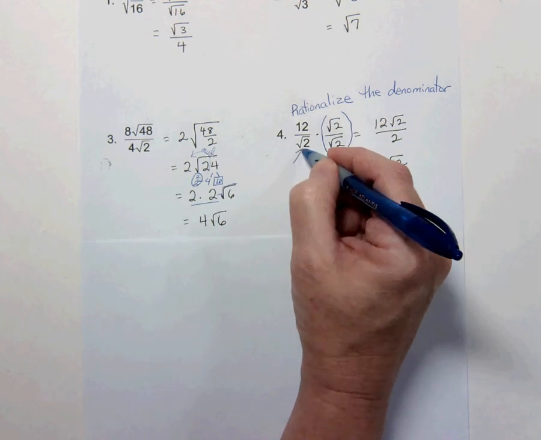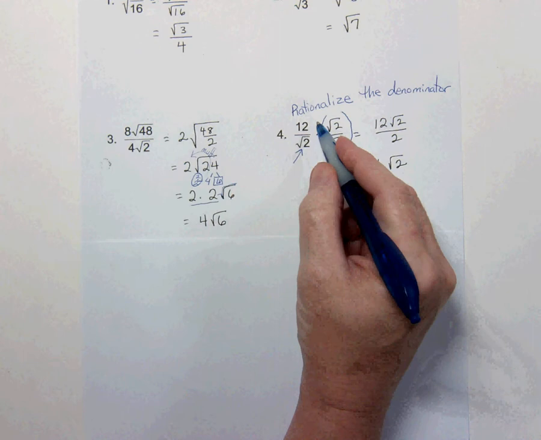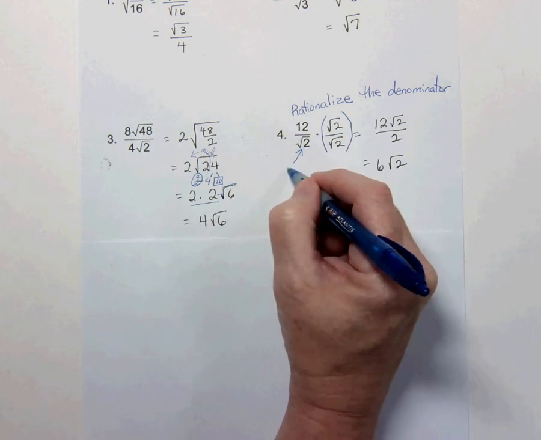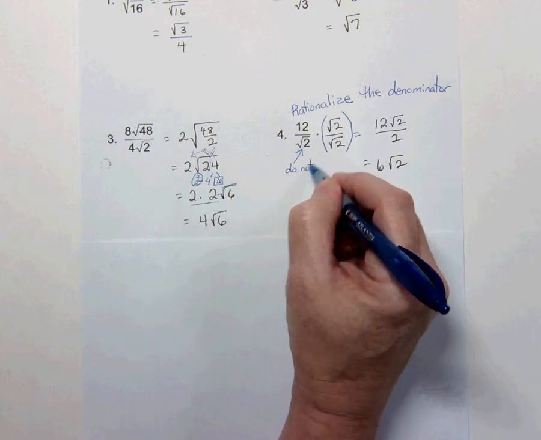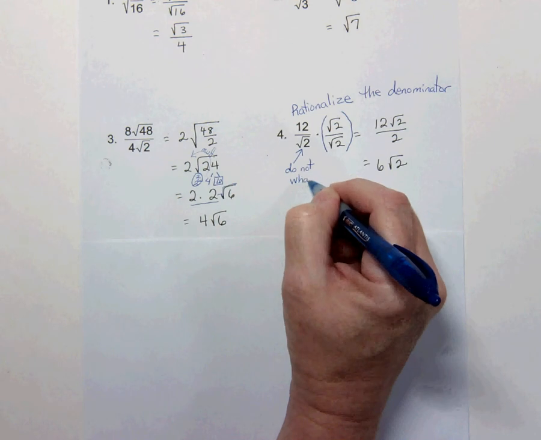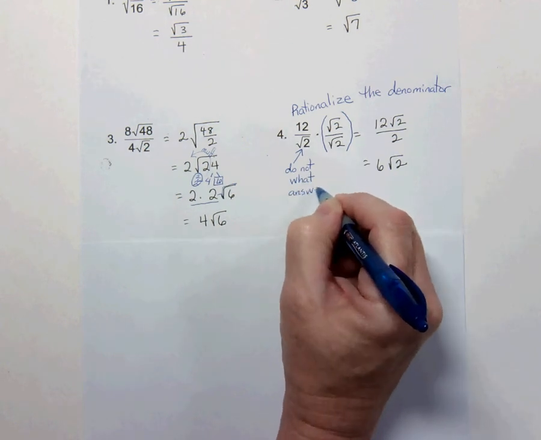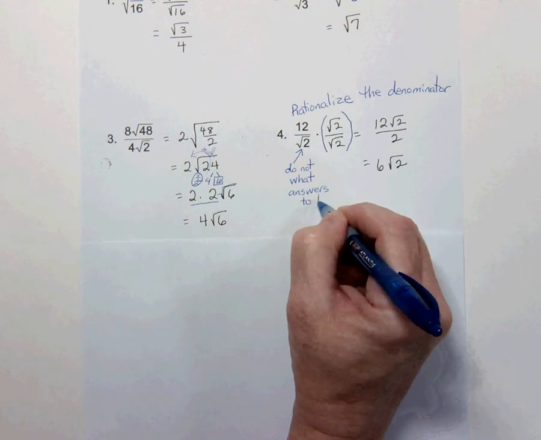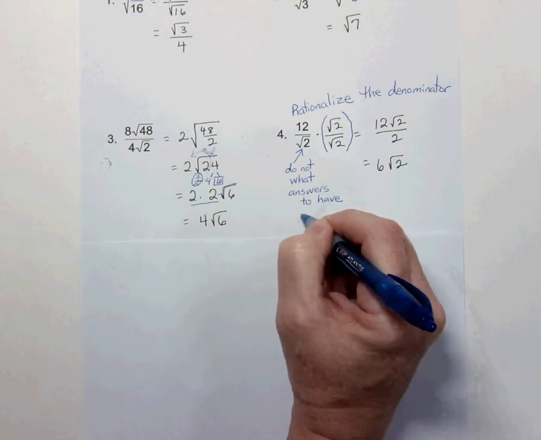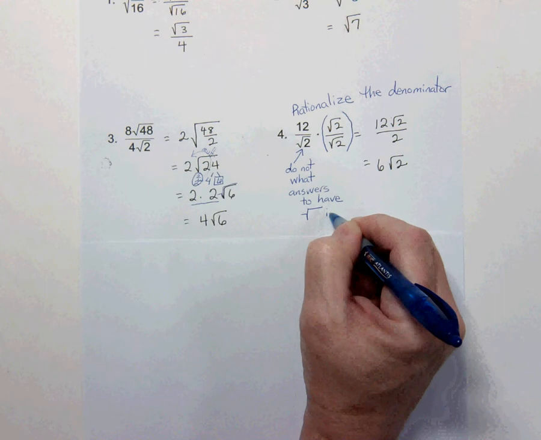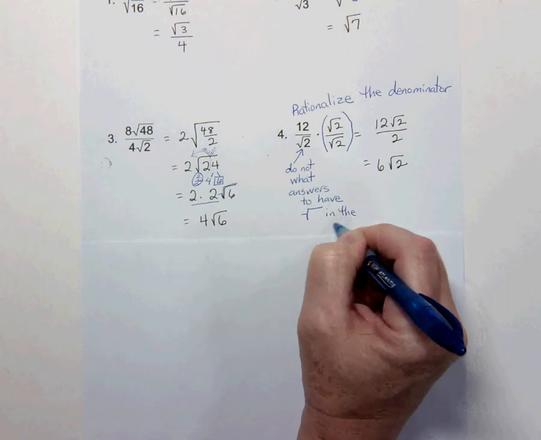So you rationalize the denominator because you do not want answers to have a square root sign in the denominator.